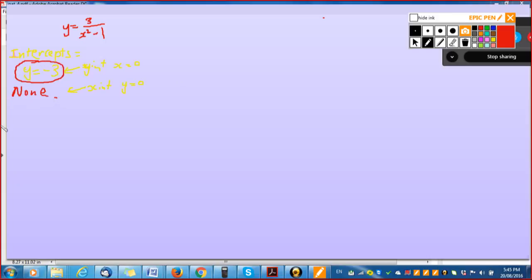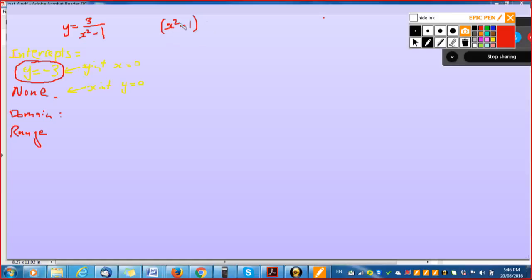Got it? Okay. Now the next thing we do is probably look for domain and range. Yep, what's that? Are there any X values that cannot be? Well, let's have a think.